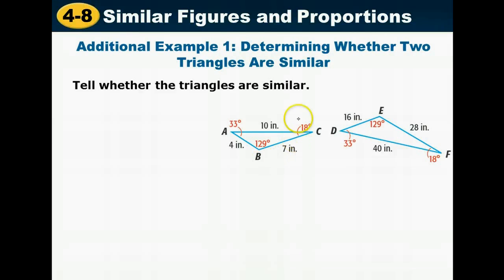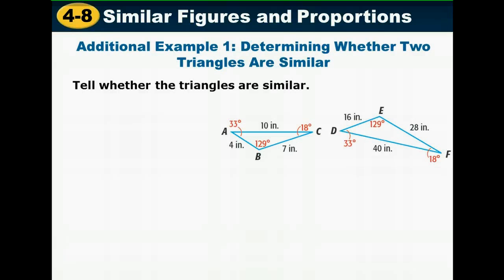Okay, so here we need to compare to see if those two triangles here are similar. So you need to remember, when two shapes are similar, their corresponding angles will be equal to one another, and also their corresponding sides will be proportional. So let's take a look here.